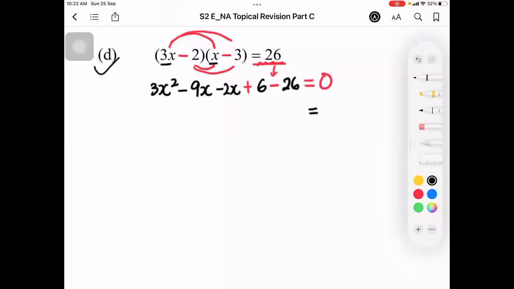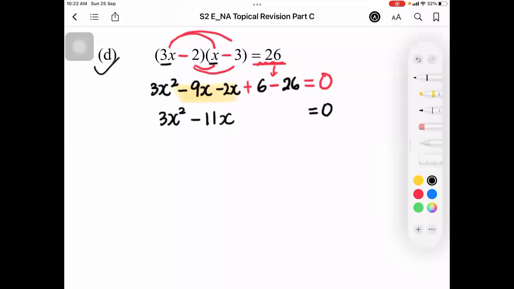Let us simplify this part of our equation. I will have 3x squared minus 9x minus 2x. How much is this? Negative 11x.